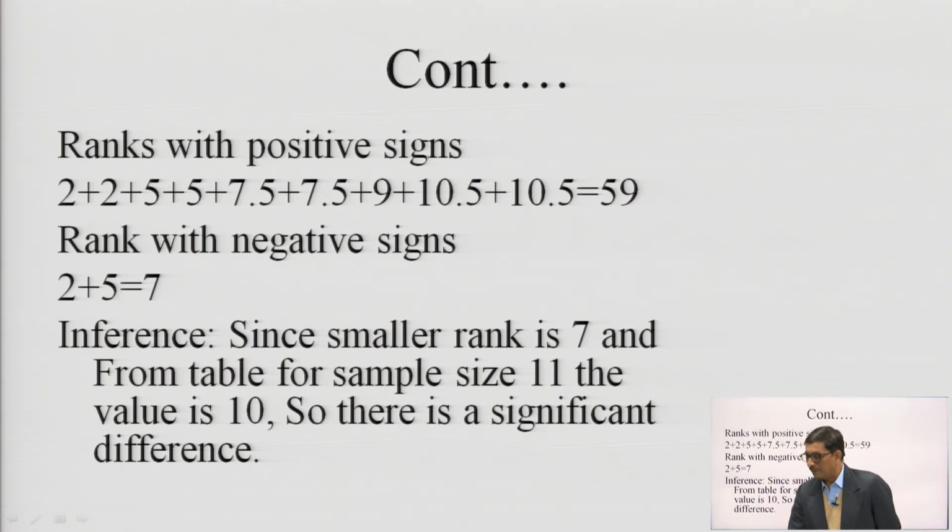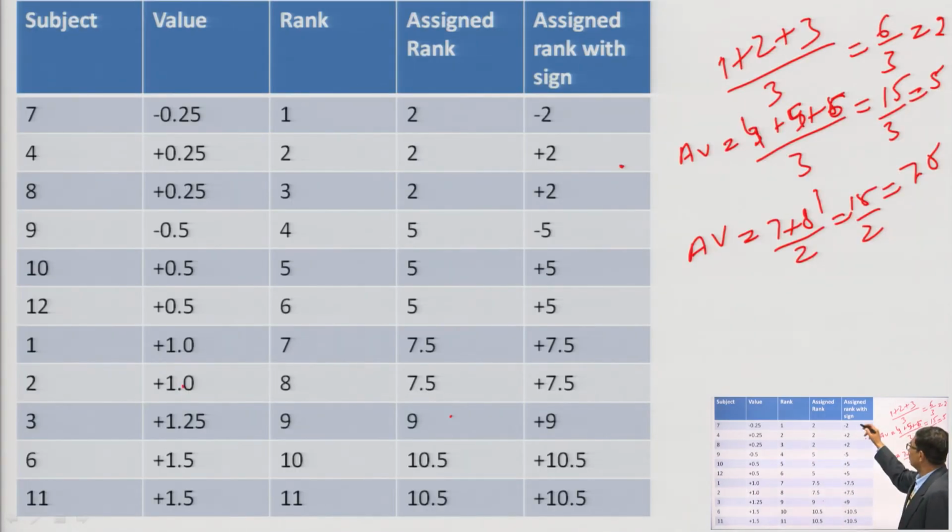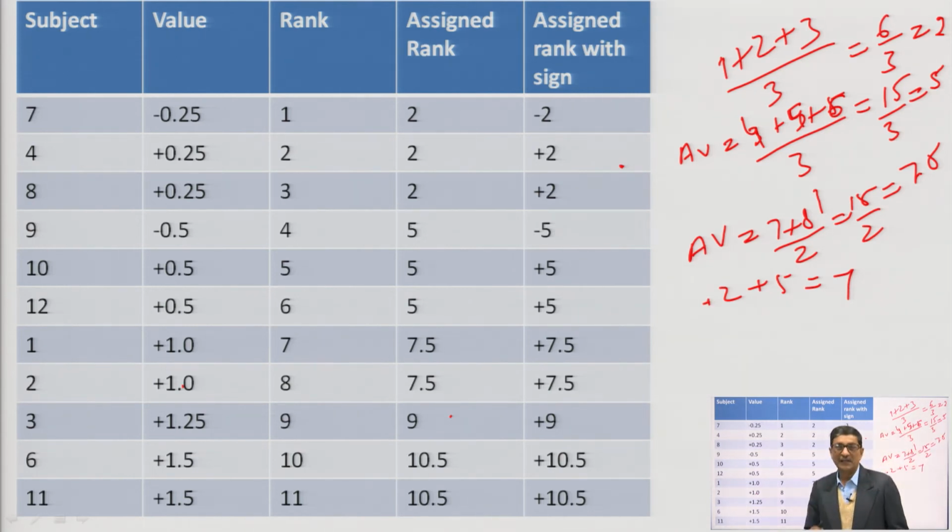That means we first find the sum of the positive ranks, then we find the sum of the negative ranks, or you can say the sum of ranks with negative sign. If you see here, there are only 2 negative sign ranks, minus 2 and minus 5, and the sum of these, 2 plus 5, is 7. We cannot consider the sign here when we find the sum.